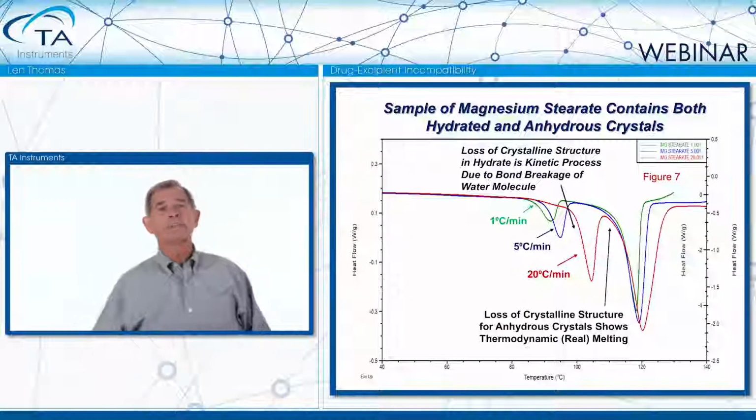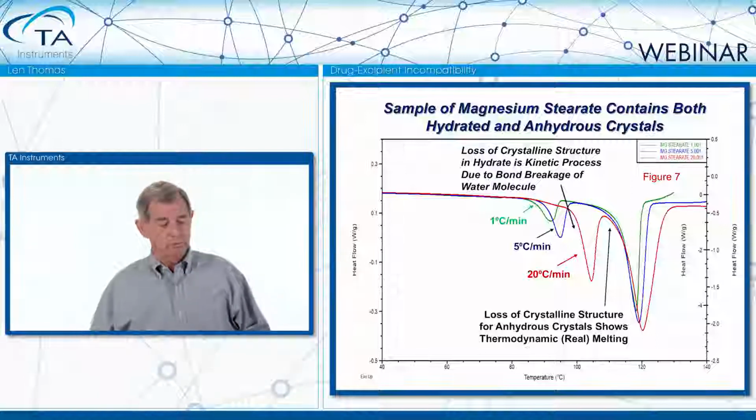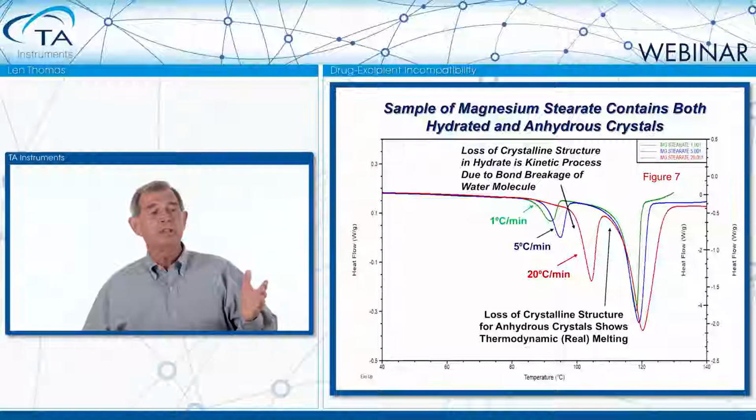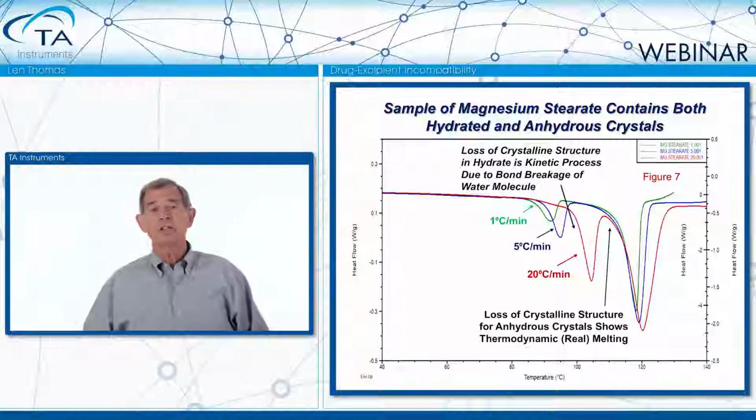We would then look at the excipient, so we know what that looks like by itself. And in this case, the magnesium stearate had both some hydrated crystals and anhydrous crystals in it. It was right on the label that both forms were there. And it was kind of an interesting sample because what we see is as we do these three heating rates, 1, 5, and 20, we get 2 peaks for each heating rate.